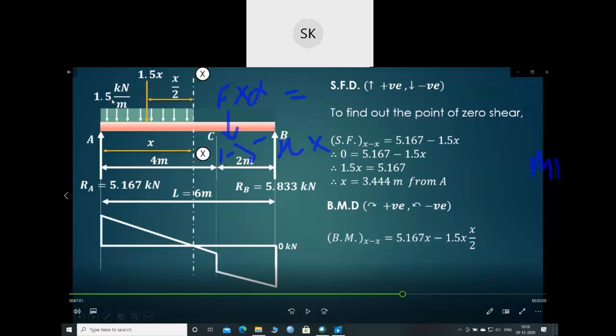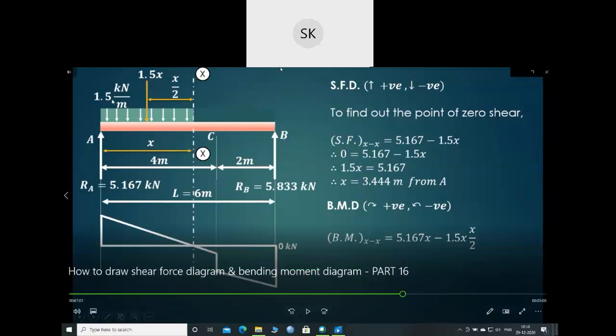Now the distance will be x by 2. Understood this part? How did 1.5 into x square, x into x by 2 come? Have you understood, or should I discuss again? Please respond.